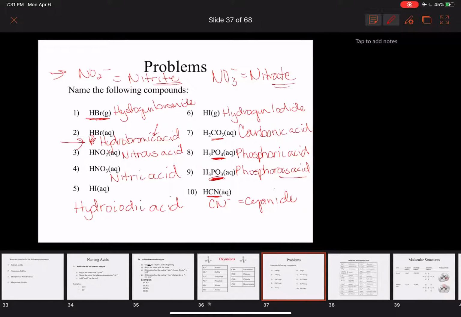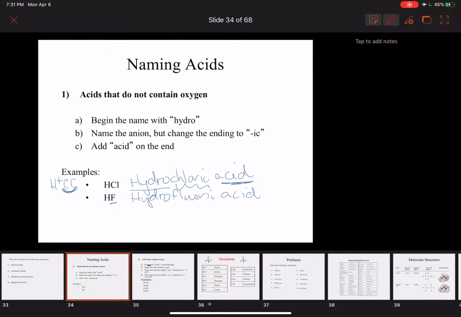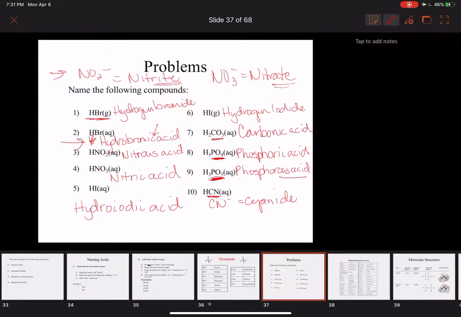So going back to naming acids that do not contain oxygen, you guys can see that we start with hydro and we change the ending to "ic" acid. So we're going to have hydrocyanic acid.